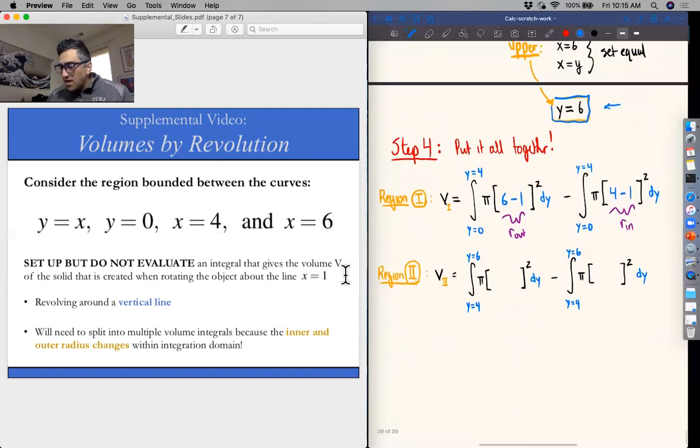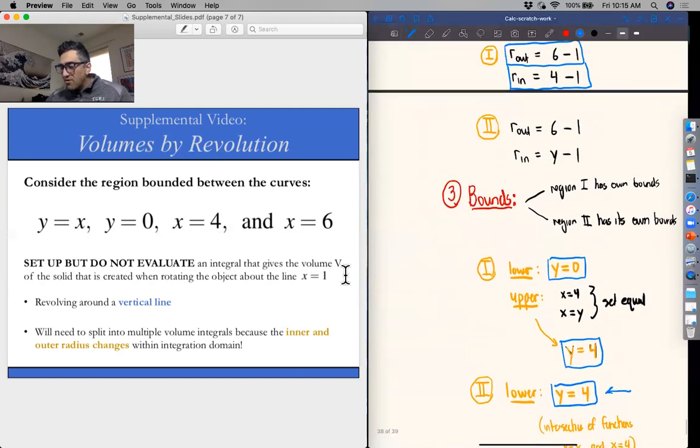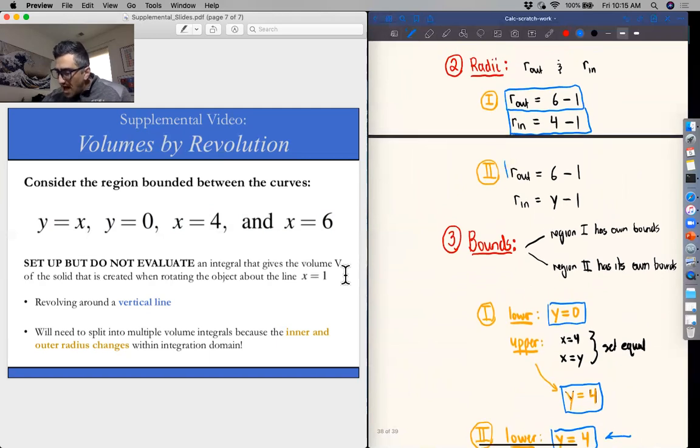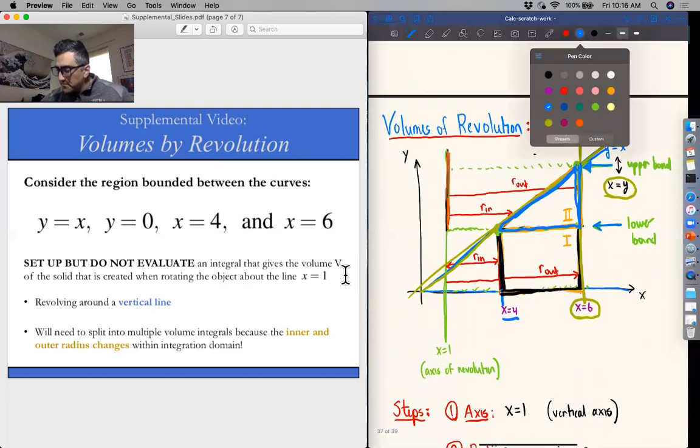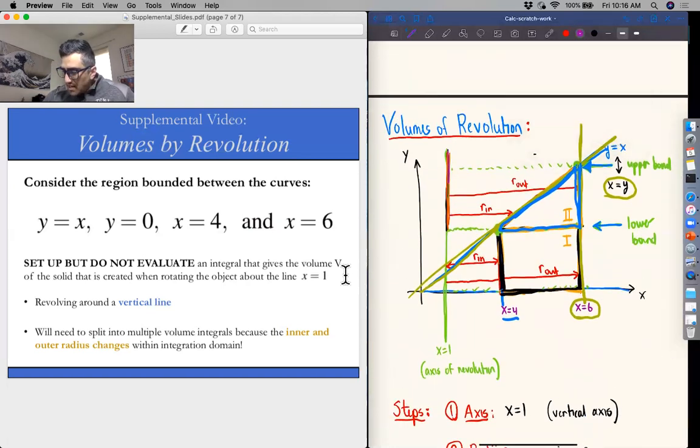All right, the last thing for us to do then is plugging in those inner and outer radii. And for us, we saw that the outer radius, the distance between the function furthest from the axis of revolution and the axis of revolution itself, was 6 minus 1, whereas the inner radius was y minus 1. So remember, if we go back and think about those radii, the distance between the axis of revolution and the functions that we're revolving around, the outer radius is associated with the function that's furthest from the axis of revolution.